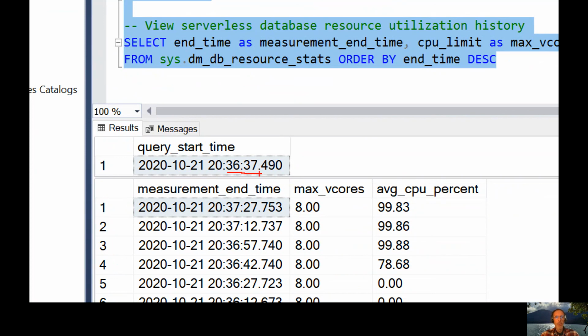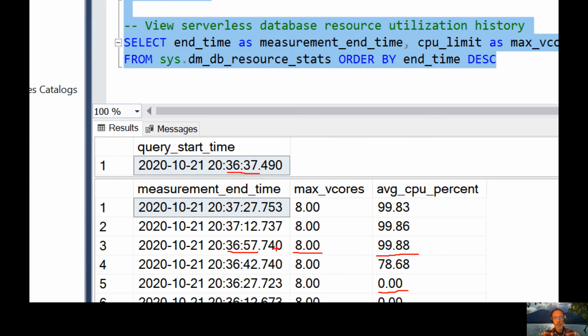I began running these two queries roughly at 36 minutes and 37 seconds. And that by 36 minutes and 57 seconds, so about 20 seconds later, the database was using almost 100% of all 8 cores. So this database scaled up from virtually idle usage up to its maximum number of cores in roughly 20 seconds.